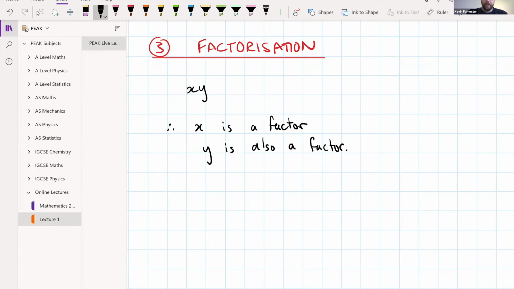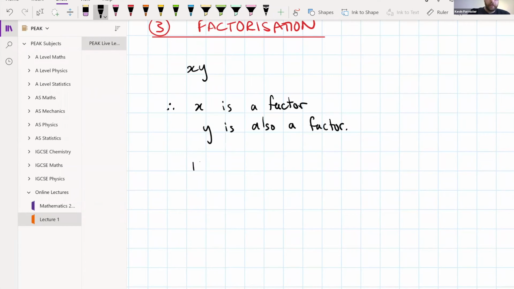Now, if we take a look at some numbers, you can also break numbers into factors. And this is known as a factor table. So what are the numbers that make 16, for instance? Well, we know that 1 times 16 gives you 16, so 1 and 16 are both factors. We know that 2 times 8 also gives us 16, so 2 and 8 are factors.